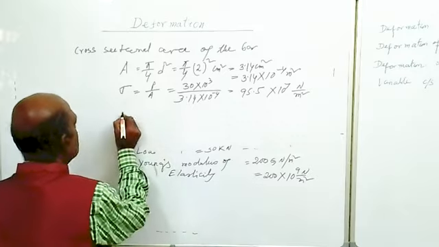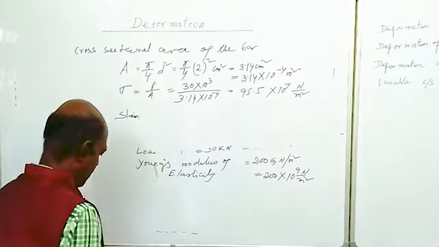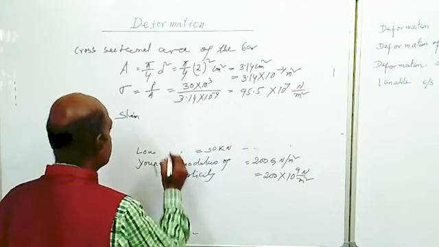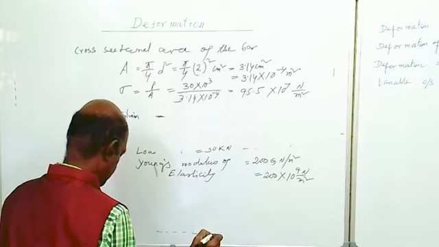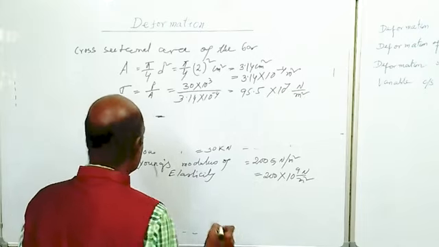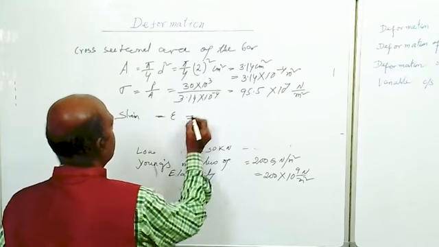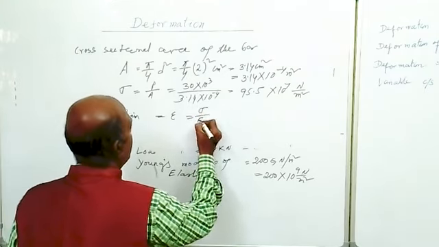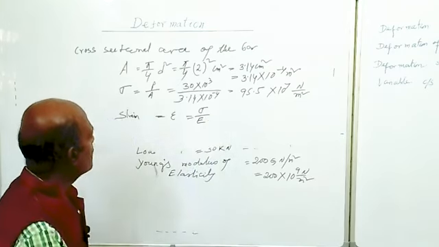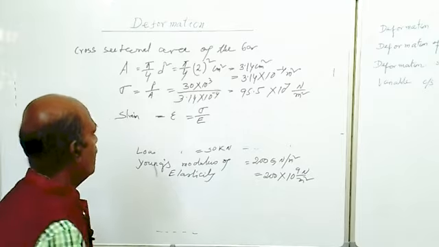Now the strain developed in the bar, epsilon, we can write as sigma by E, that is intensity of stress by Young's modulus of elasticity of the material of the bar.